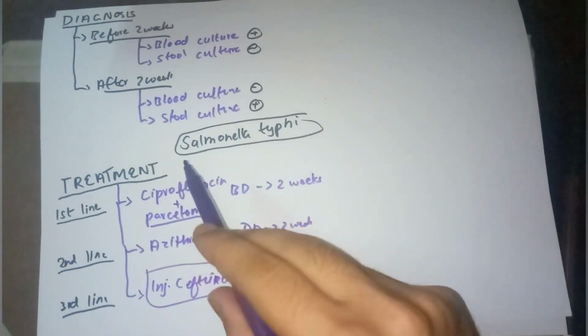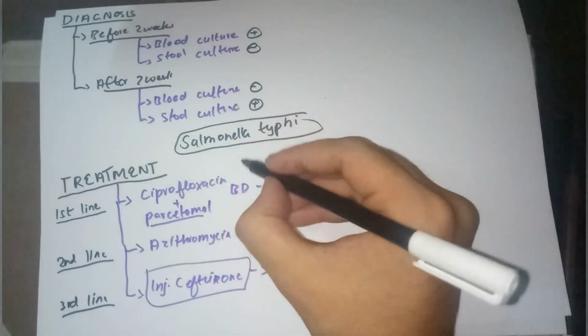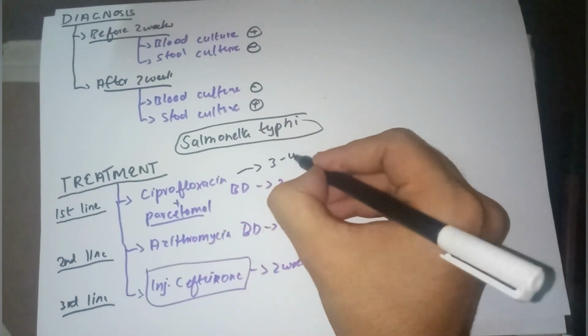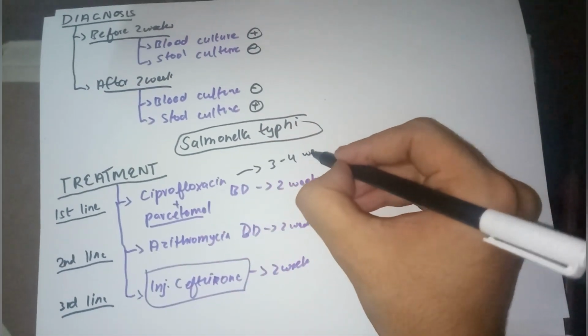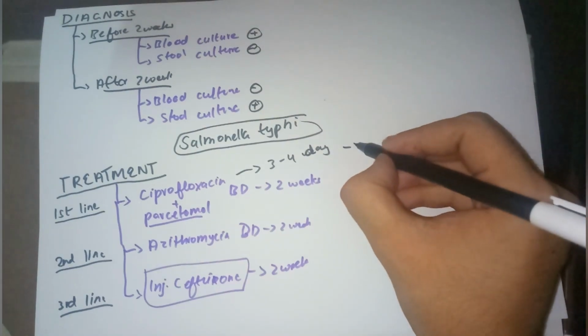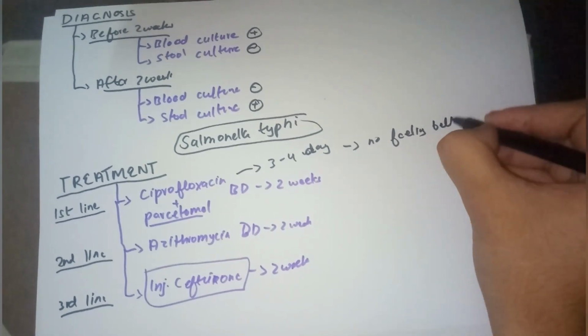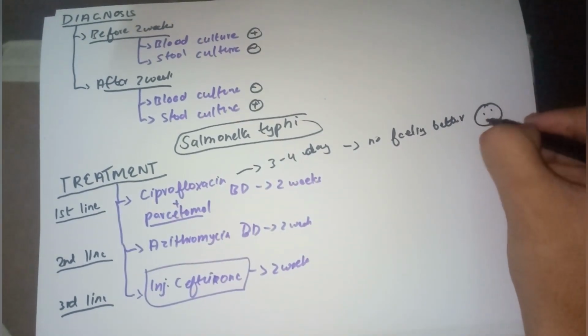So how are you going to do this? For example, you give them ciprofloxacin, for how much time? For you maybe 3 to 4 days. You will tell him to come after 3 to 4 days, and when he comes back he says I'm not feeling any better, then what are you gonna do?